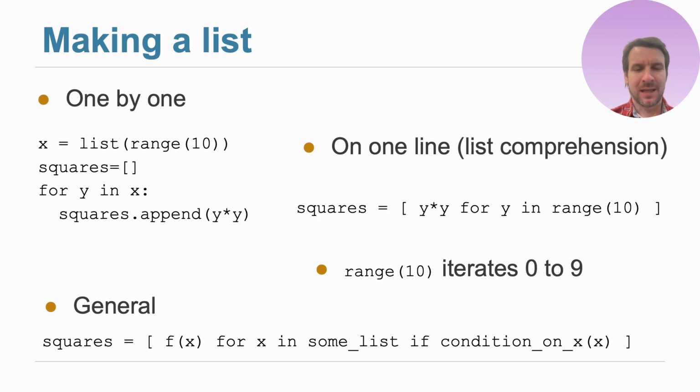So this allows you to create lists in one line, where if you wrote it as in the very first example at the top left, it could take you 4 lines: you first create the empty list, then you do for x that goes through some list, and then you have the if statement. If x is equal to something, then to the list you do append.